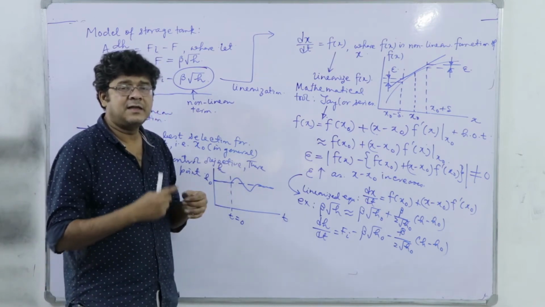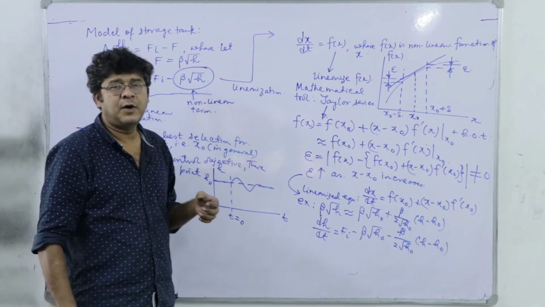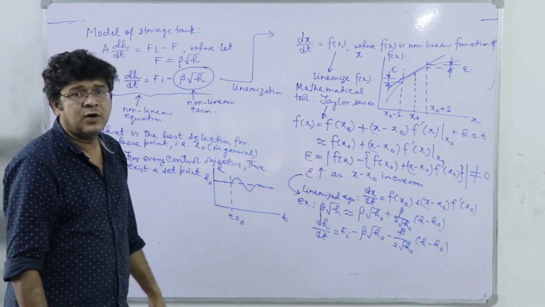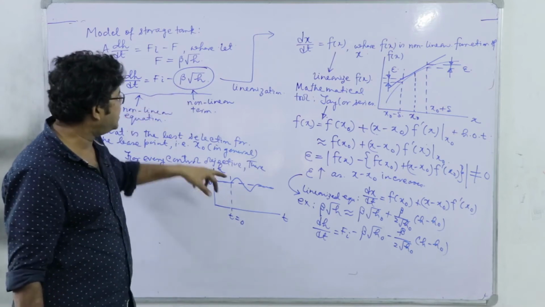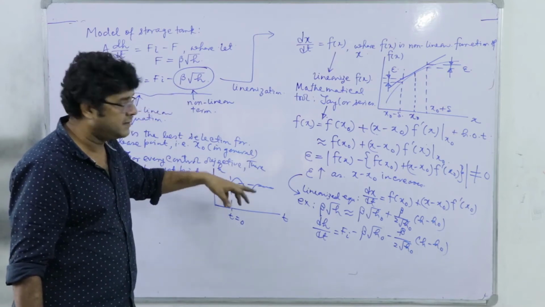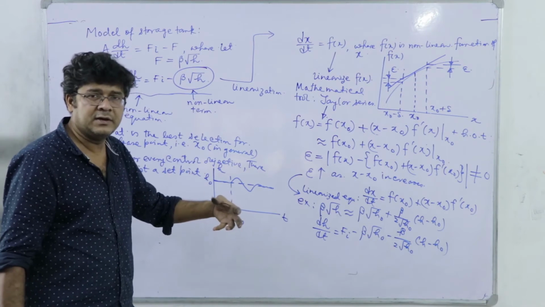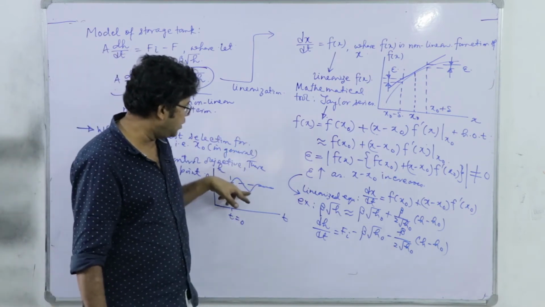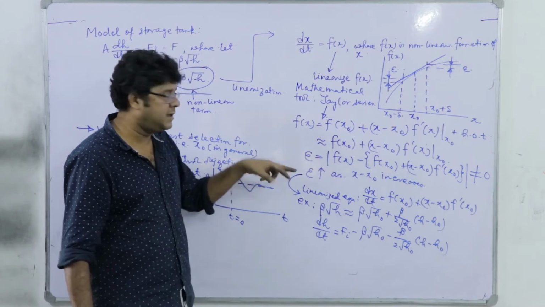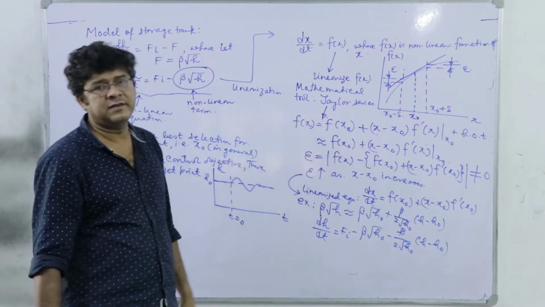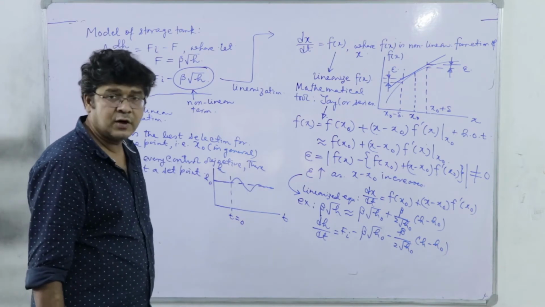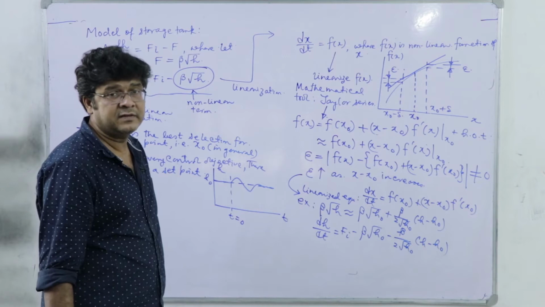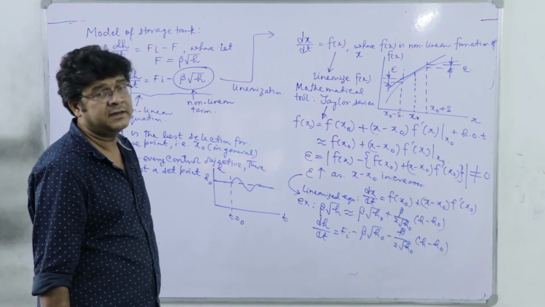But immediately the controller gets activated. It will increase the value of f upon tuning the beta. So it will again start decreasing, but definitely there will be an inertia in the dynamics of that system. So it will go down below this H naught, and finally after 2 or 3 oscillations it may settle down again to H naught, and the system will adjust itself with the increased Fi, right.